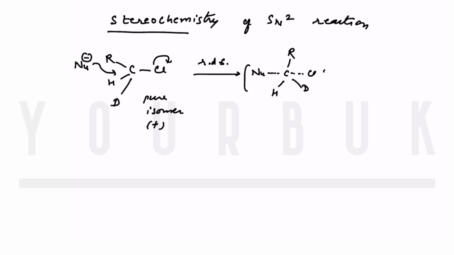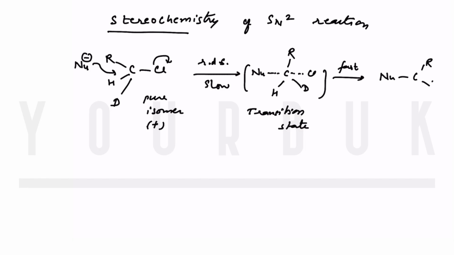This is called my transition state. Bond formation and bond breaking both take place simultaneously. This is the slow step, and then it decomposes to give my final product, which is this one. Only one isomer is obtained. It's a pure isomer. You won't get a mixture in this case. It's a minus isomer. Now why minus?